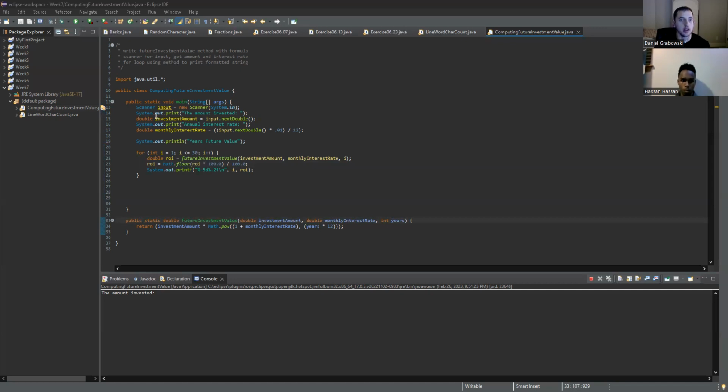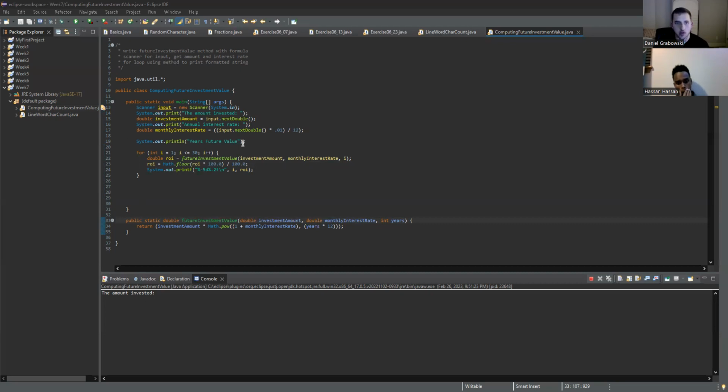And then the second one is the annual interest rate, and the user is entering the annual interest rate as a percentage. So we need to multiply that by 0.01 to get its decimal form. And then also our method here takes the monthly interest rate, not the annual interest rate. So we need to divide that by 12 in order to get the monthly interest rate.